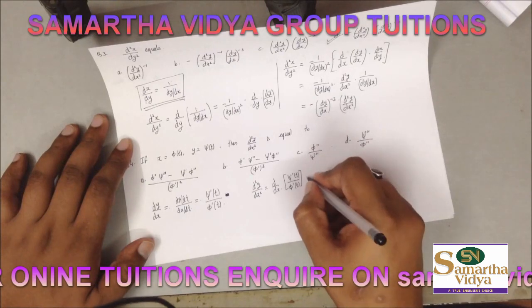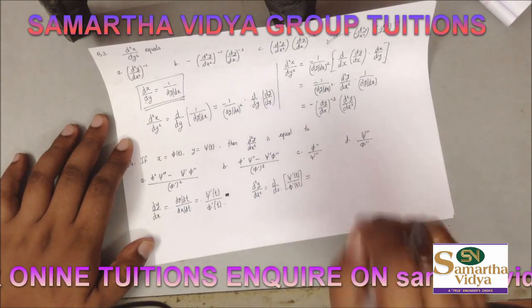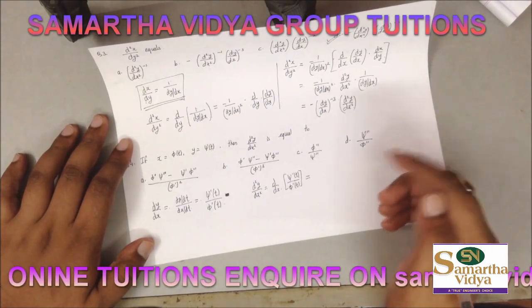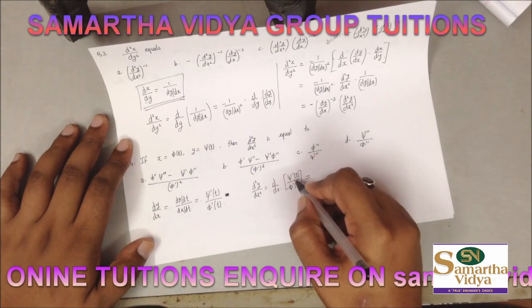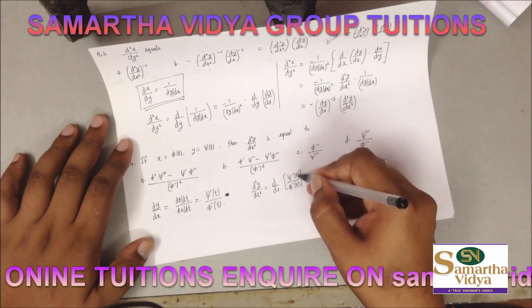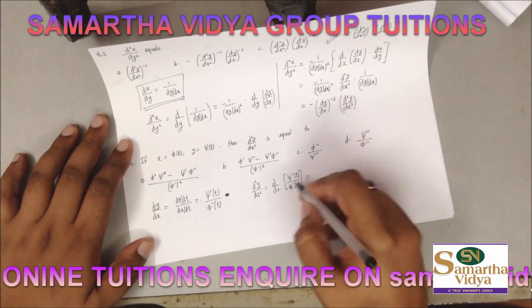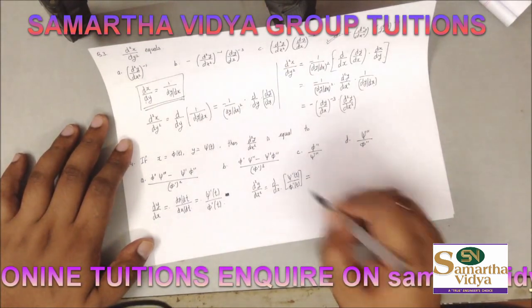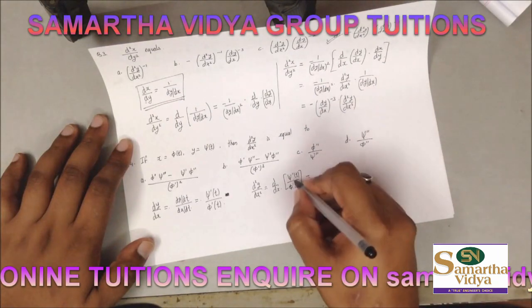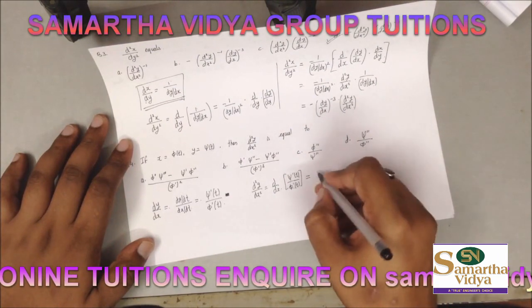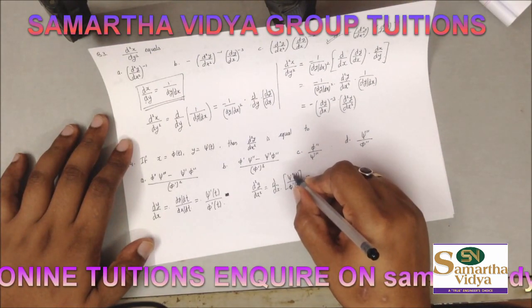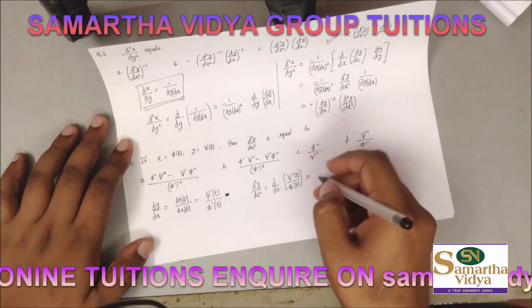The main variable is t. So now differentiating this, you can see it's u by v. So first let us concentrate on this u by v. So by the u by v rule, I have to differentiate the numerator first. So if I differentiate a derivative, I get basically a double derivative.